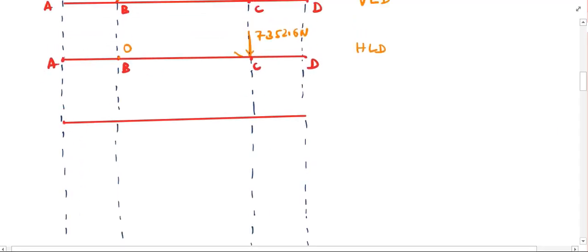So these are your points A, B, C and D. Vertical bending moment diagram. Now let us draw the reaction forces RAV and RDV, so here RAV and RDV be the reaction forces.